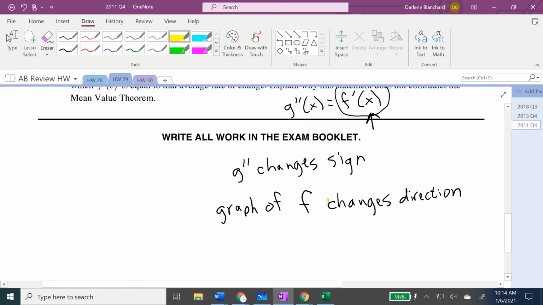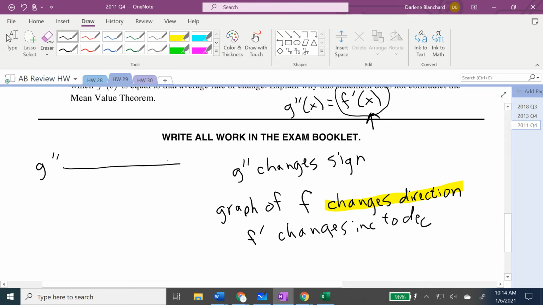You can say that the graph of f changes direction. You can say f prime changes from increasing to decreasing. If you did a g double prime chart, you found this because we have positive going up, up, up, up, negative going down, down, down, down.